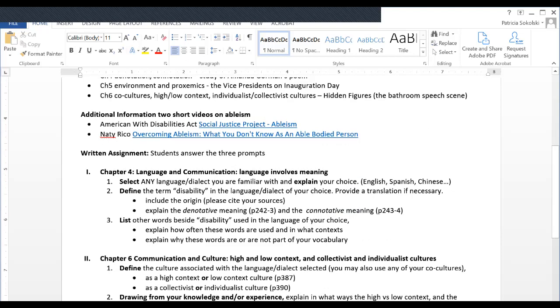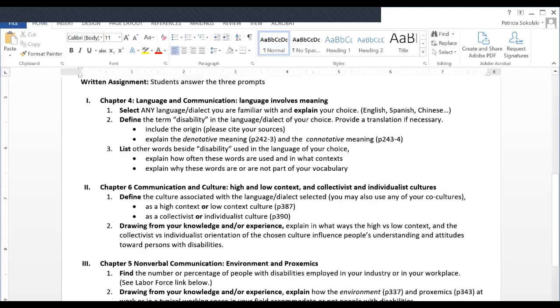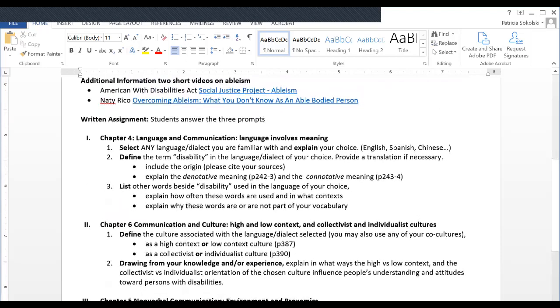The written assignment itself asks students to answer three prompts, one on language, one on communication and culture, and one on nonverbal communication. For language, to select any language or dialect they're familiar with, and that's a nod to the Language Across the Curriculum seminar I was in.